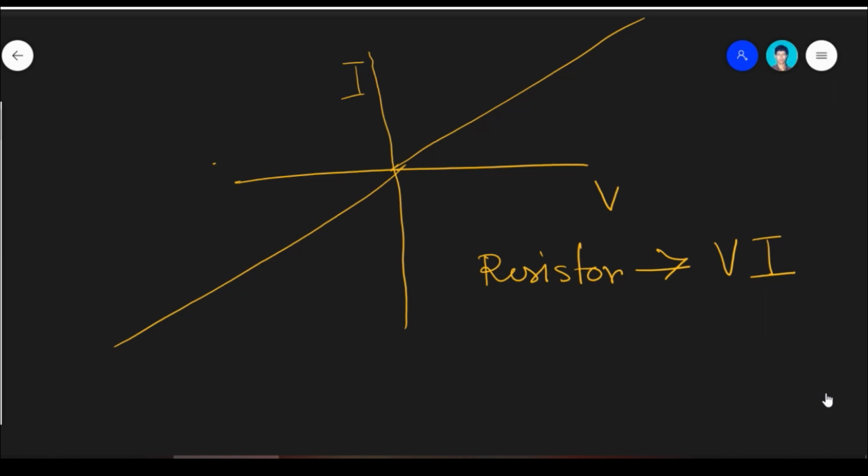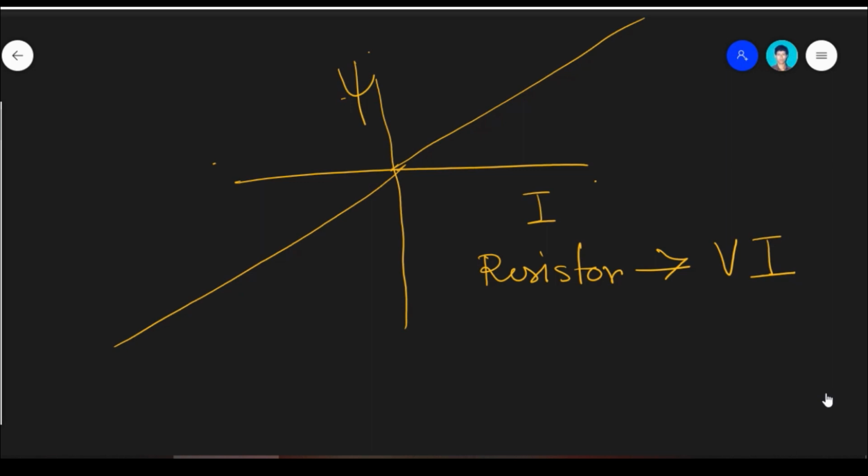What about an inductor? For an inductor, you have to replace this VI plane by the I-psi plane. So what is the I-psi plane?